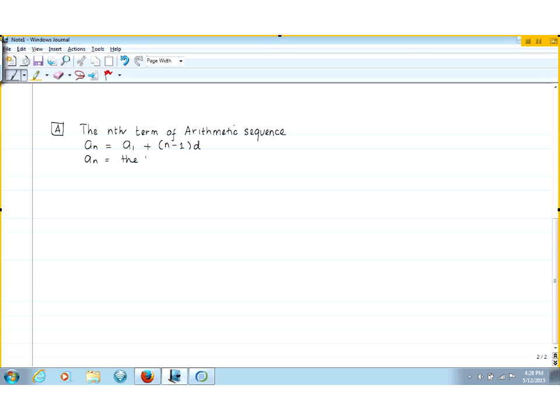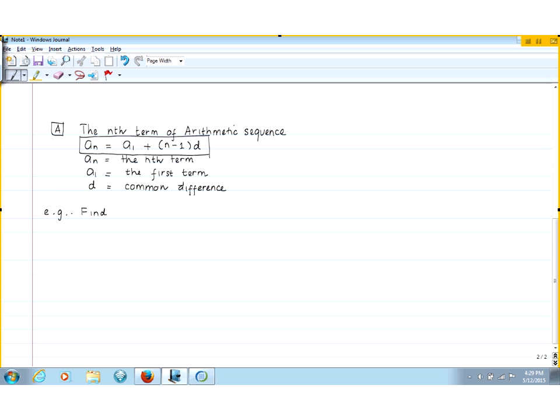So this is the formula. What is an? An is the nth term. A1 is the first term. And d is the common difference.